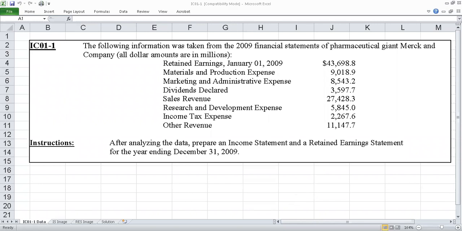So when you are doing problem solving in accounting, it's very, very important to read first and write second, maybe even write third. Right? You want to make sure that you study and analyze your data first.